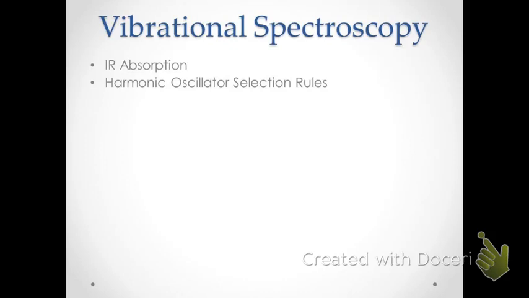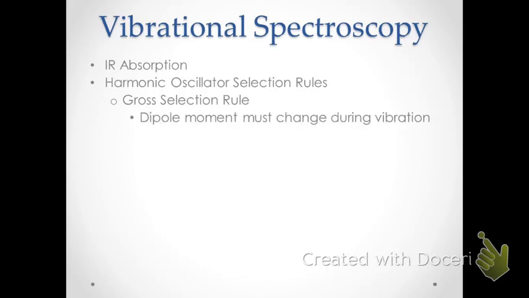Alright, so the selection rules which determine whether a transition will occur and what kinds of transitions can occur are governed by the transition dipole moment. And we first have a gross selection rule, which very simply says that the dipole moment must change during the vibration.